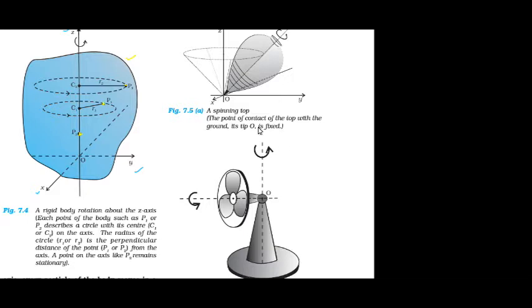In this figure, initially the top is rotating around the z-axis. When it is rotating at full speed, it forms a cone, and as soon as its speed decreases, it again sweeps out a cone. You see here the dotted line shows the sweeping out of a cone.